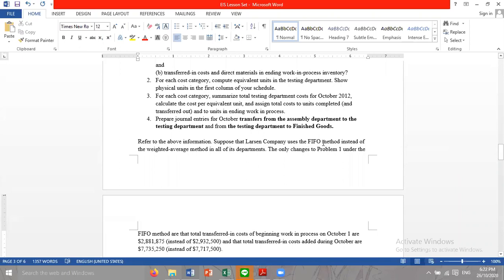The only changes to problem 1 under the FIFO method are that total transferred in cost of beginning work in process on October 1 are 2,881,000 instead of 2,932,000, and the total transferred in cost added during October are 7,735,000 instead of 7,717,500. Okay, so we'll go on FIFO method, problem 4B.